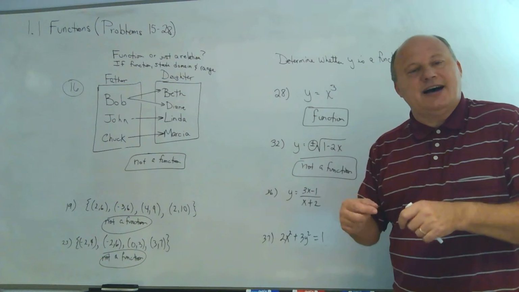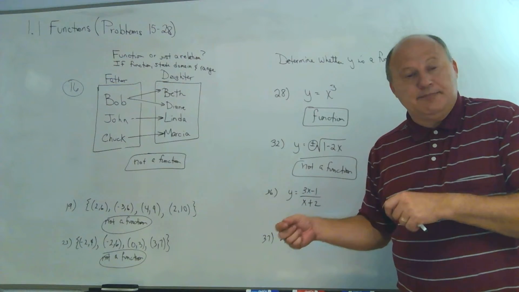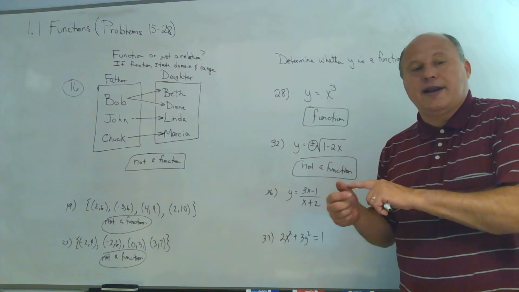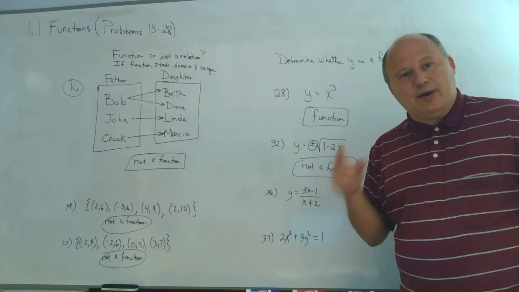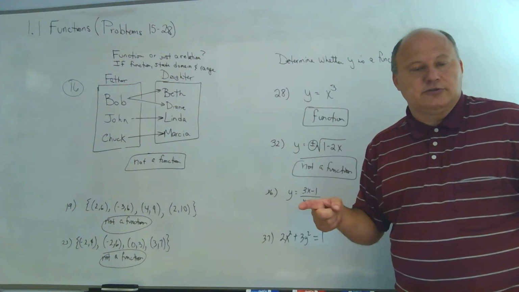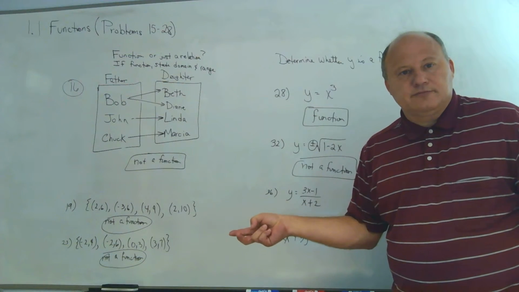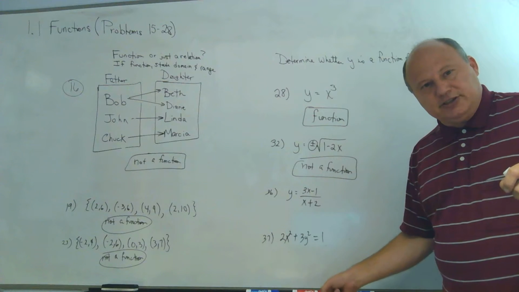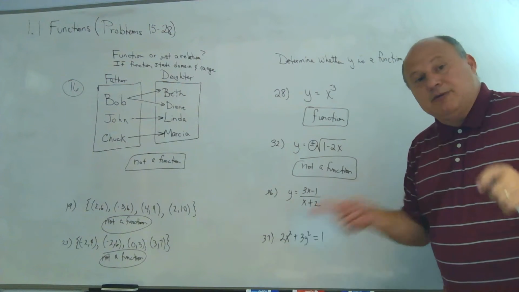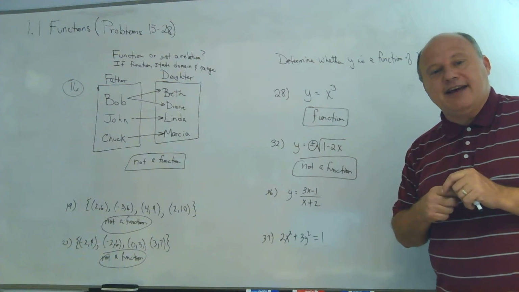So negative 2 is not in the domain, but it's still a function, because no matter what other number I put in the equation, I get one output at the most. I don't get 2. So even though negative 2 is not in the domain, it's still a function. So yeah, it's a function, but it's got a restriction. You cannot have x equals negative 2.